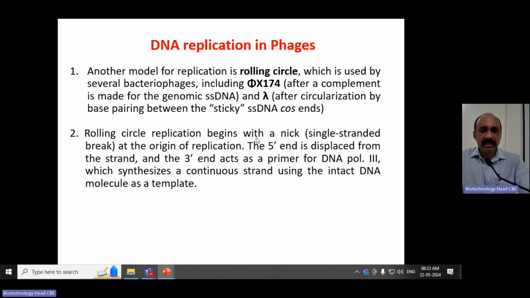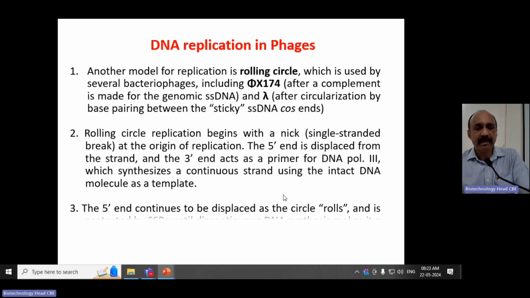This rolling circle replication begins with a nick, a single-stranded break at the origin of replication, and the 5' end is displaced from the strand, and the 3' end acts as the primer for DNA polymerase III, which synthesizes a continuous strand using the intact DNA molecule as the template. So it is the same as what we are seeing here, except that you have this rolling circle mechanism, not as straight as what we have seen in bacteria.